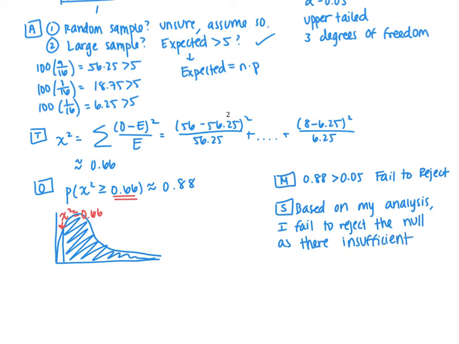Before I keep writing, remember, we assumed that the peas followed Mendel's theory. So the alternative is that the peas don't follow Mendel's theory. If I don't have enough evidence for the alternative, I don't have enough evidence that the peas do not follow Mendel's theory. As there's insufficient evidence that the peas do not follow Mendel's theory.